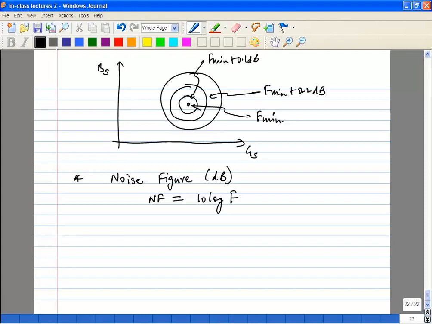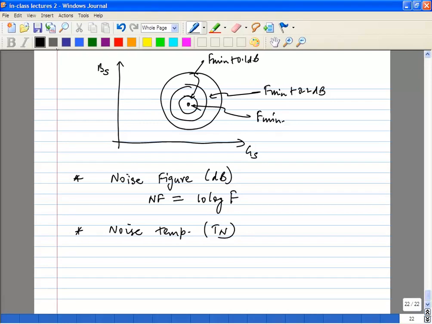Then you can also define something called noise temperature, which is Tn. This is defined as the increase in temperature of Ys, the source impedance, to account for the noise generated by the two-port itself.